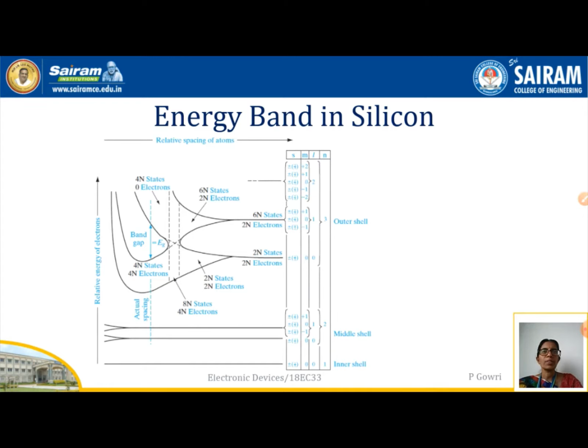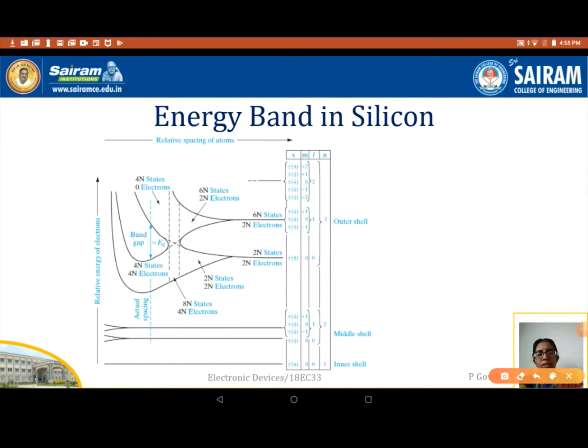As the interatomic spacing decreases, the energy levels split into bands beginning with the outer shell. As the 3s and 3p bands grow, as the interatomic spacing between the atoms gets reduced, they merge together to form a 3s 3p band, which consists of 8n states.